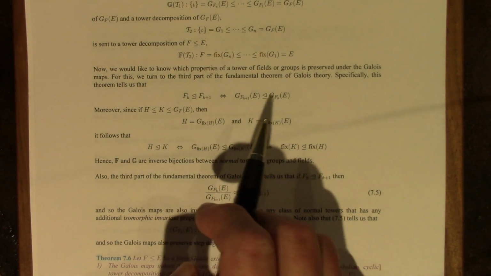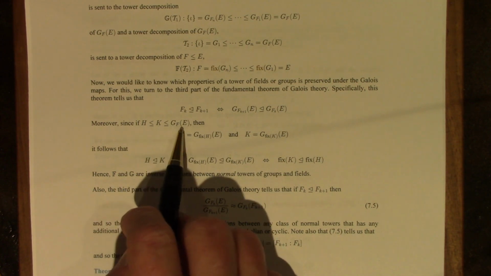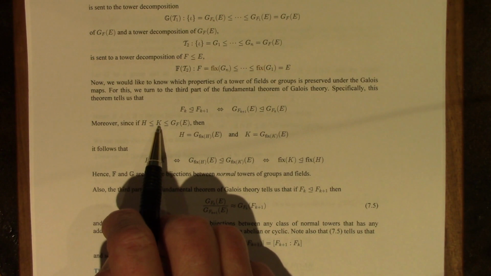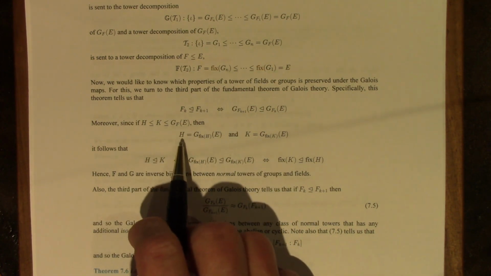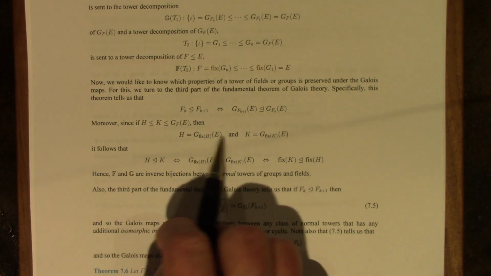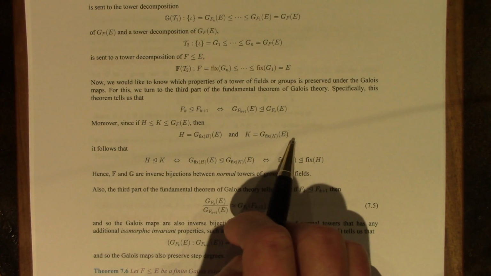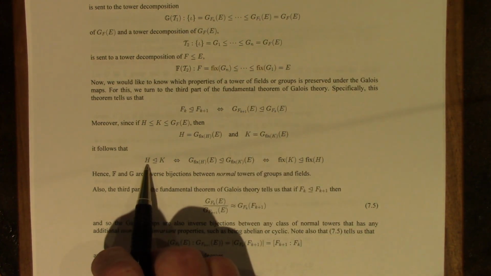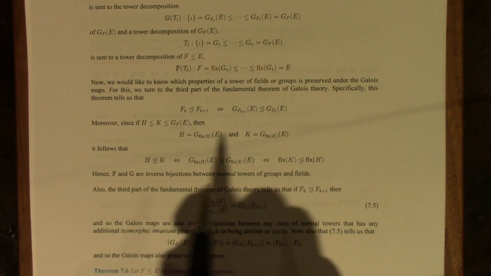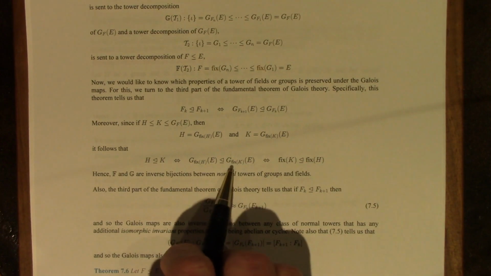Now, also, with regard to the fixed field map, if we have two subgroups of the Galois group, H contained in K, then because everything is closed in the Galois correspondence, H is the Galois group of its fixed field, so is K, and so H is normal in K. These are groups now, if and only if this is just rewriting these groups here.